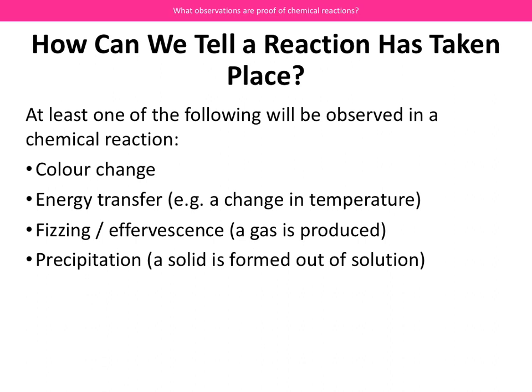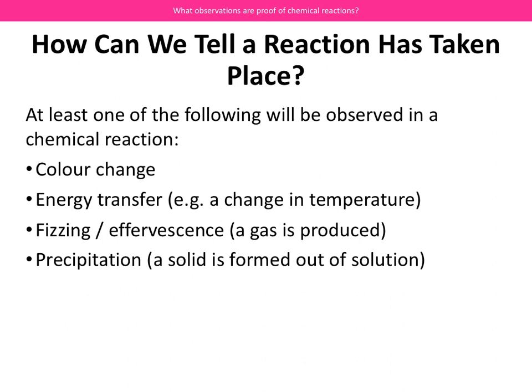And then finally, the one that tends to get forgotten is this word here, precipitation. That's when a solid is formed out of a solution. It's not a common word. Most people, if they've heard of the word precipitation, are thinking about rain. If you think about it, rain is something coming out of something else.